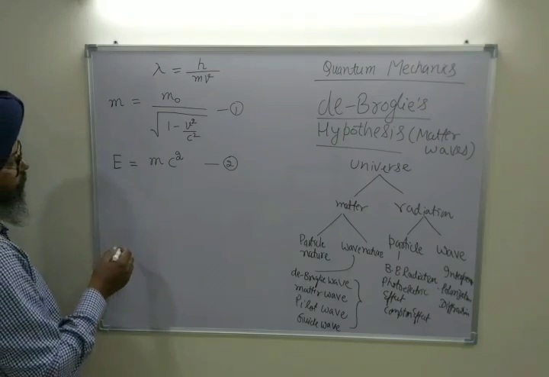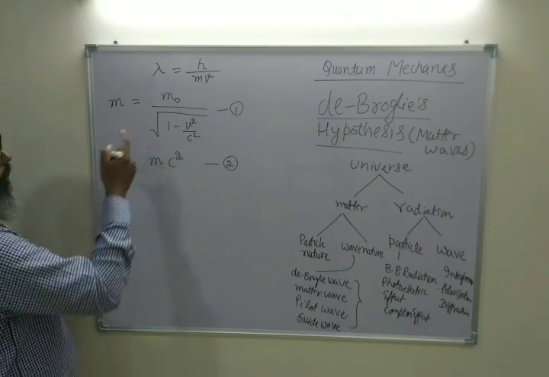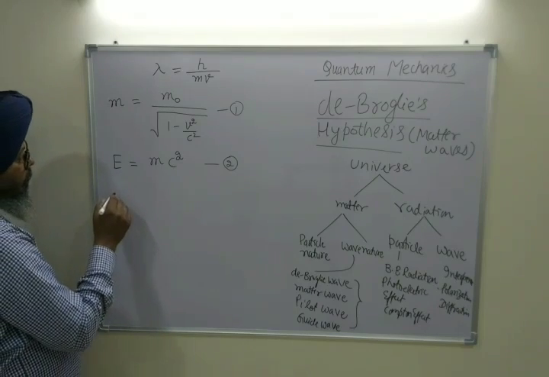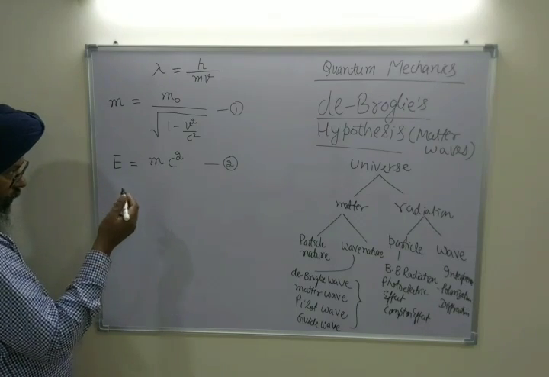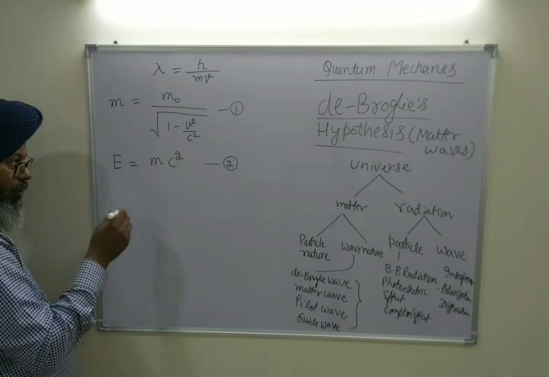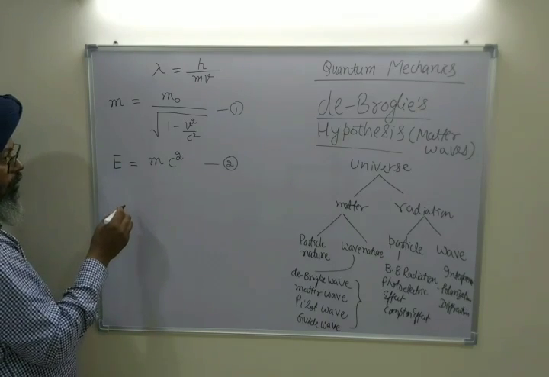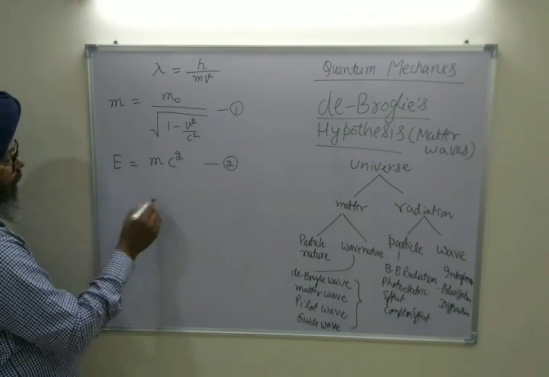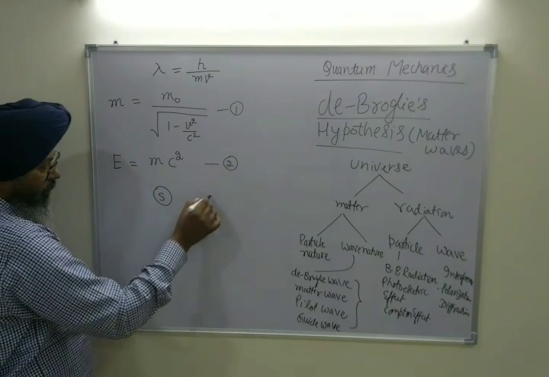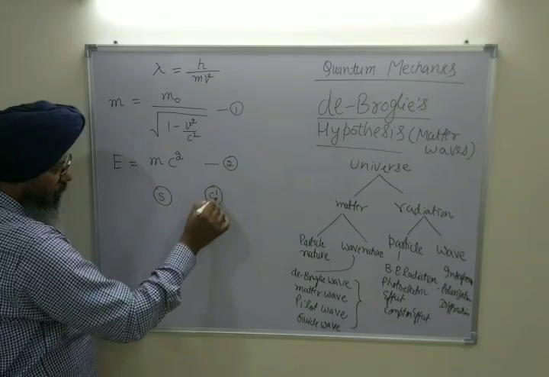And the third equation that we must remember for proving lambda equals h upon mv is that if we want to find the relation between the times of two inertial frames of reference, let us say this frame of reference is S, this frame of reference is S dash.